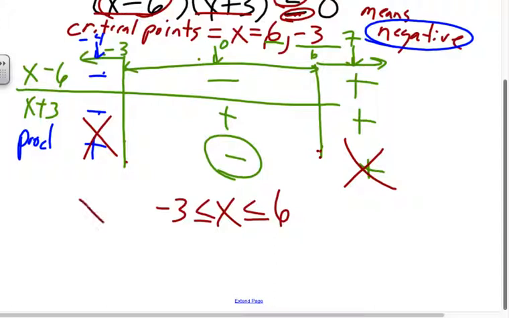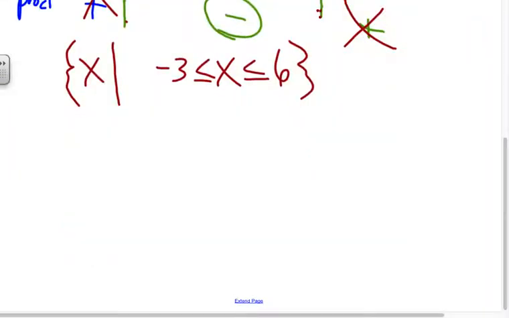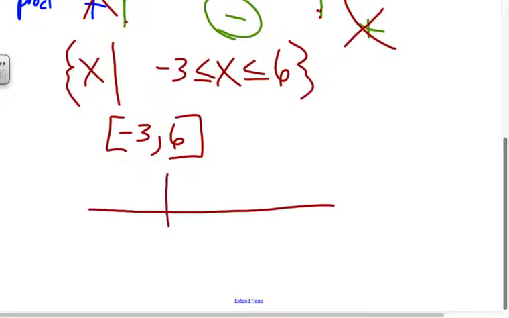So my set builder is going to be x such that, that's that one. Okay. Set notation. Since this is equal to, it's going to be -3, comma 6. You put a bracket because it's equal, and you do that. So there's interval.